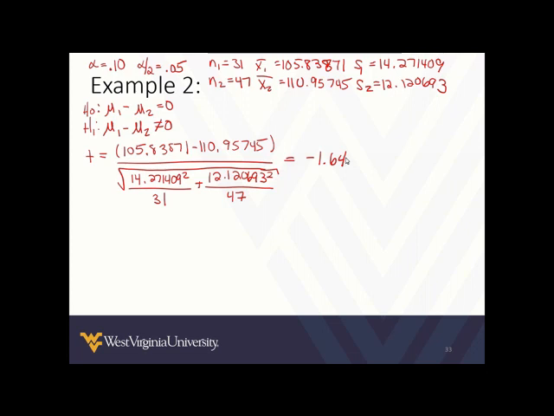Okay, so because this is our case 3, our degrees of freedom are a rather large calculation. So let's do that now before we move on to step 3. That way we have it established that alpha over 2 is 0.05, and our degrees of freedom.